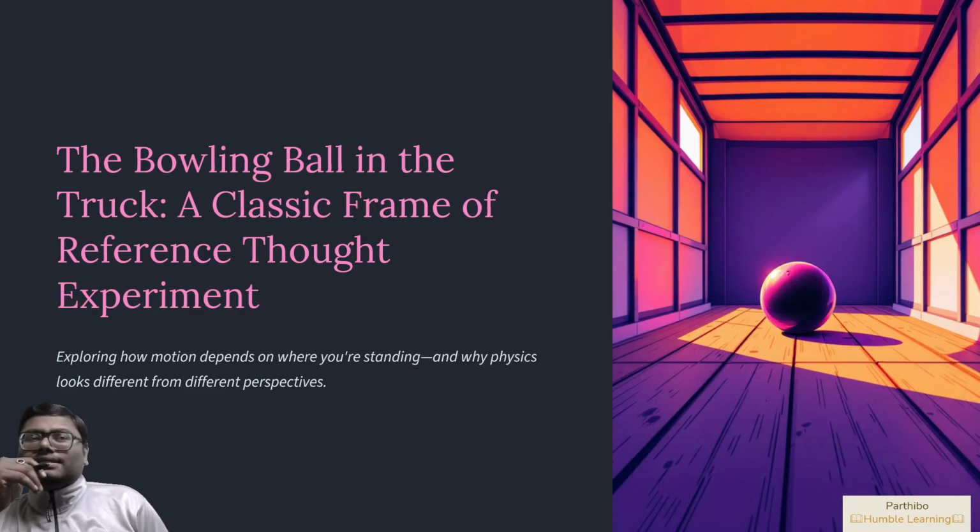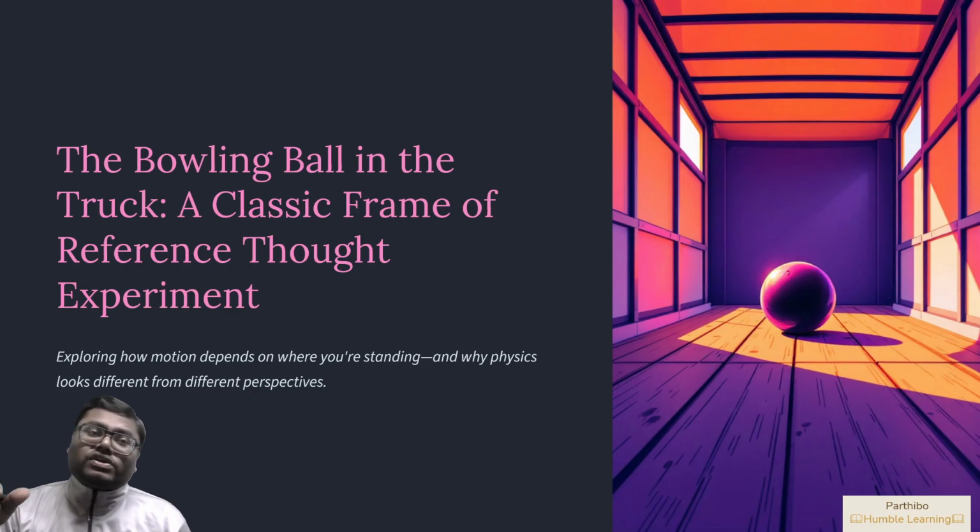Now, let us talk about the bowling ball in the truck, a classic frame of reference thought experiment. We'll be discussing this, explaining how motion depends on where you are standing and why physics looks different from different perspectives.